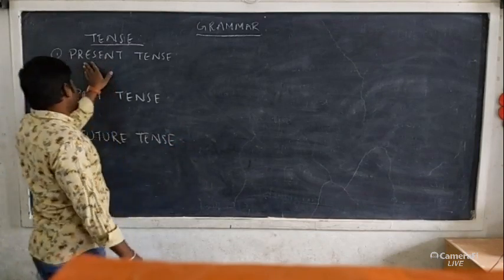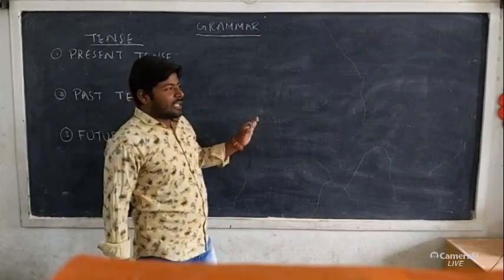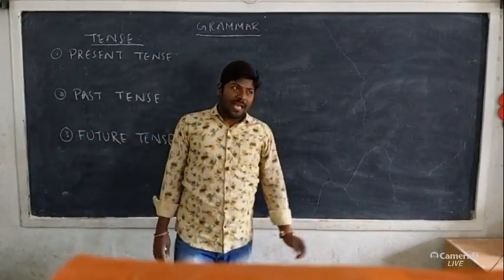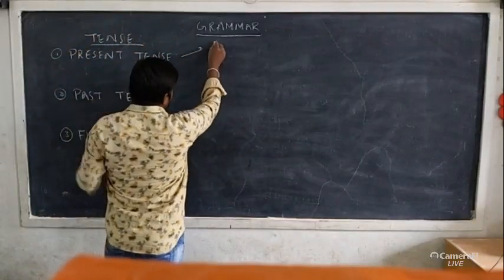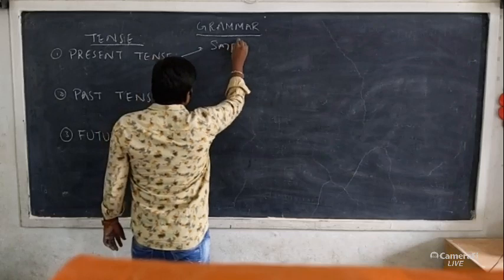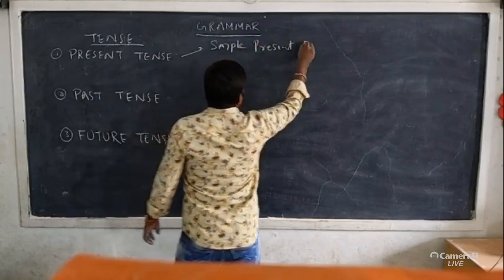So we have three tenses: present, past, and future. In each tense, present tense, the idea is four aspects. Aspect is nothing but four types or four parts in present tense. So that is nothing but simple present.